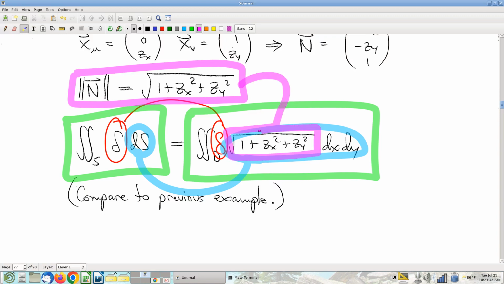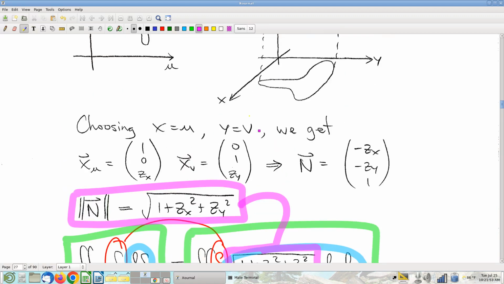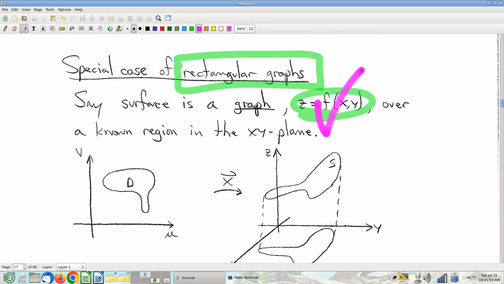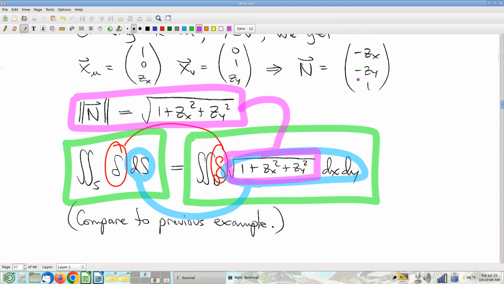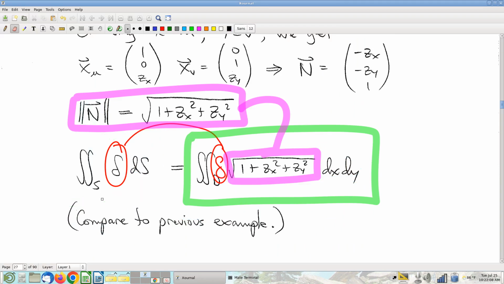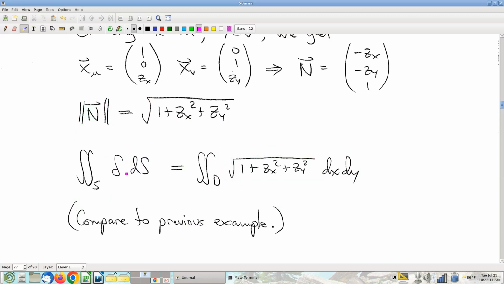So that's a nice little convenience to just remember. And when you're dealing with a rectangular graph, which again happens pretty darn often, then you don't have to go through the whole partials, cross product, magnitude, square roots and simplifying. You don't have to do all that. You can just go straight to this being your stretching factor. Everybody happy? Okay. All right.